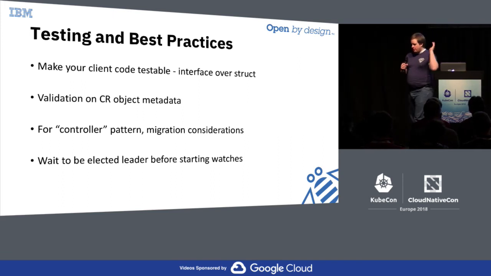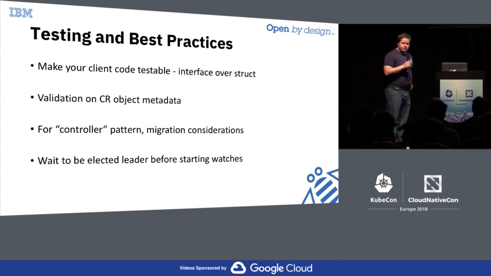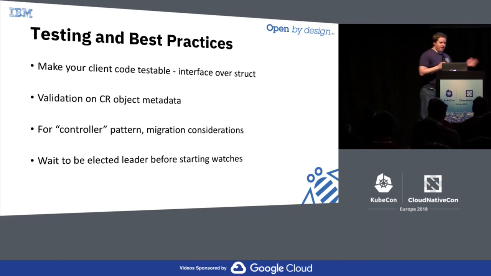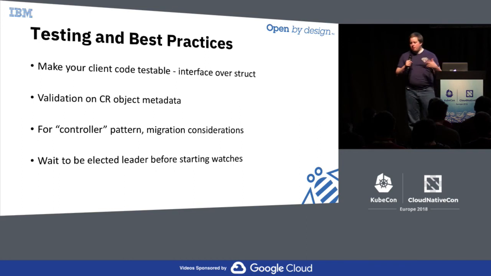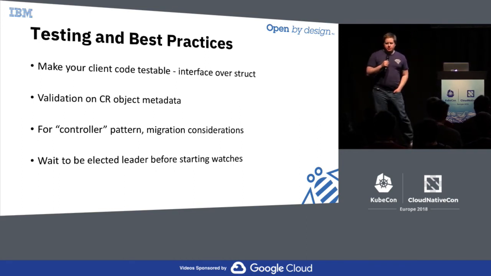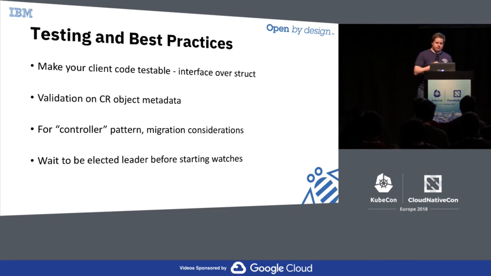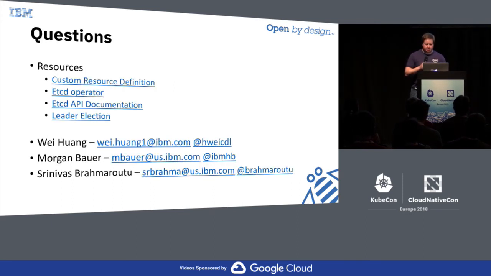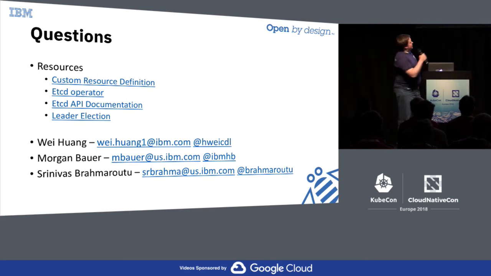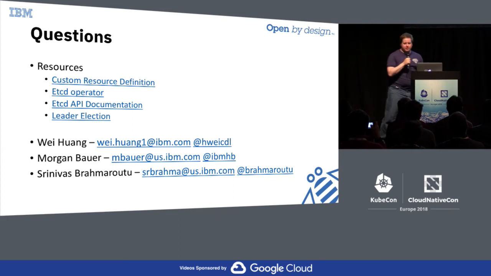So there was a bug at some point in the code where you could get multiple updates for one change, and you need to be aware that that is a possibility. It's not a once and only once kind of system. That's about it. And we have links and emails, if you have any questions.